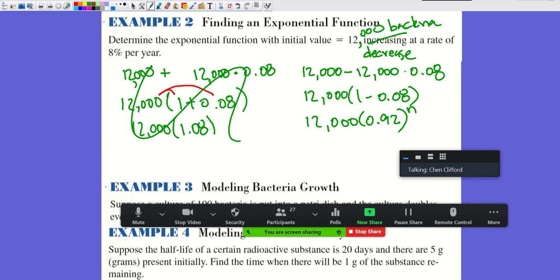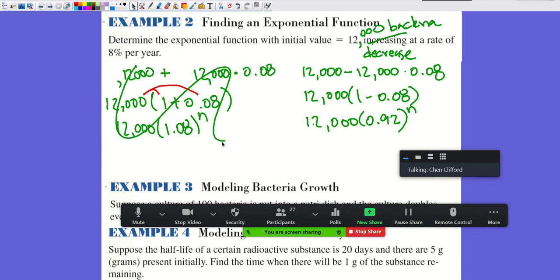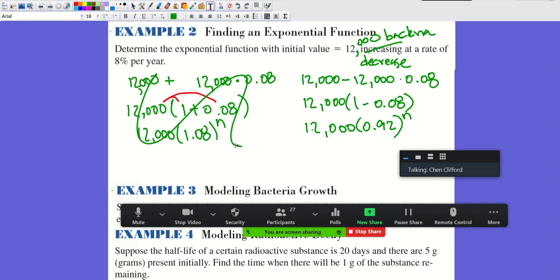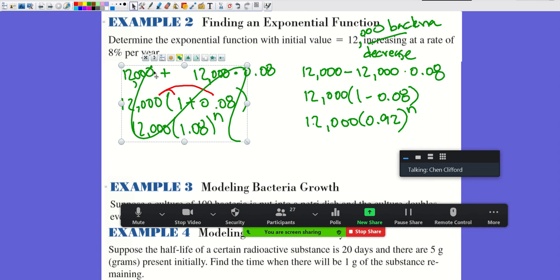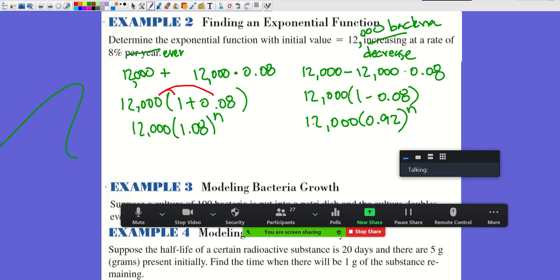Let's pretend it said, instead of 8% per year, 8% every 4 years. So 8% every 4 years.